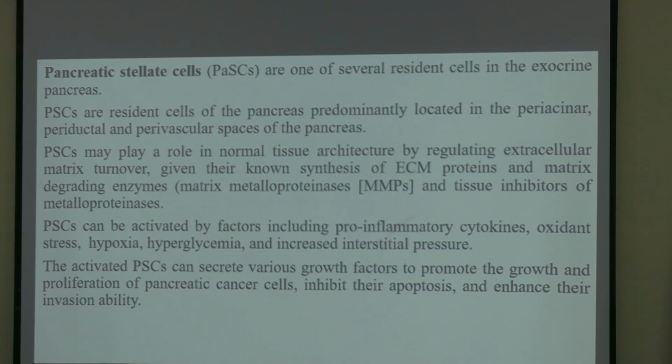That means it can invade other tissues, other organs. So the pancreatic stellate cell is very important because it maintains the normal architecture, but if it gets activated, then it can cause proliferation of the pancreatic cancer.